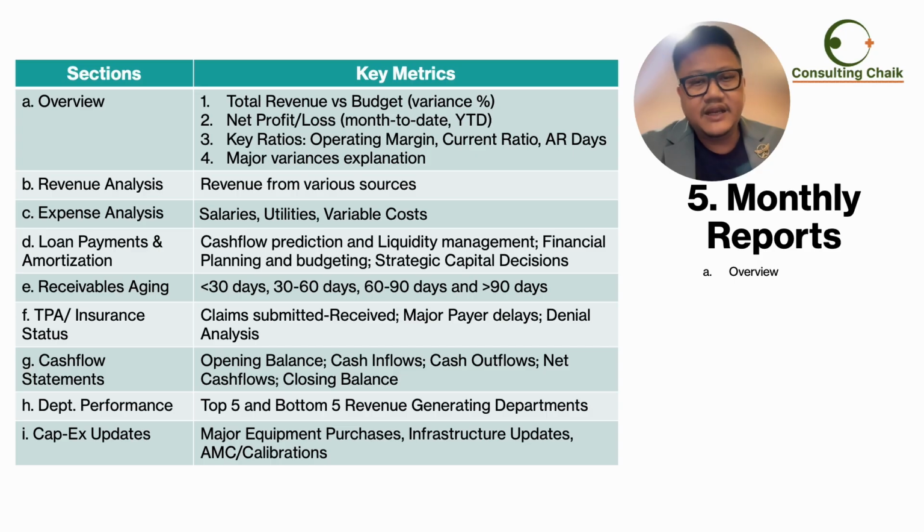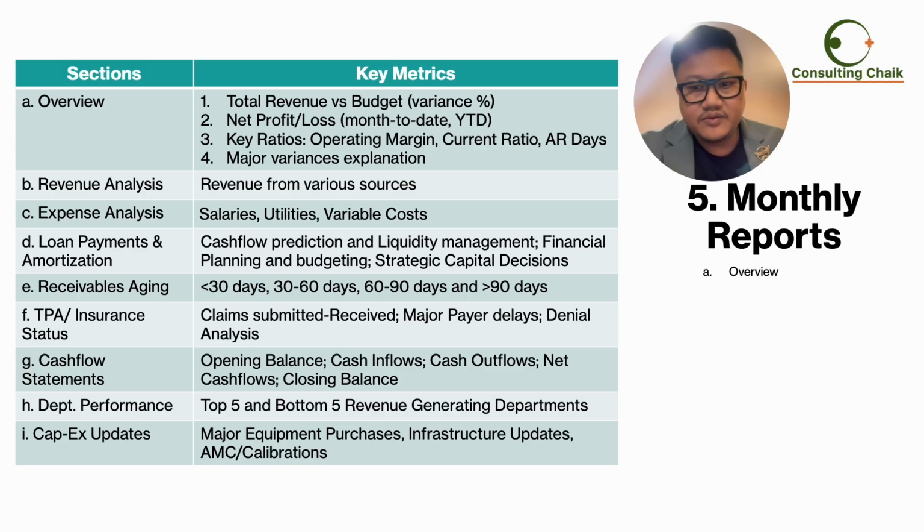Then certain key ratios, which we will again cover, very important financial indicators, in the seventh slide. Then the major variance explanation. So if certain variation has happened, why it had happened, whether it is positive, then why, what did we do, and what had happened which made it positive, and why it was negative.